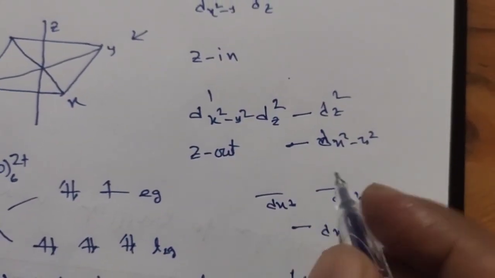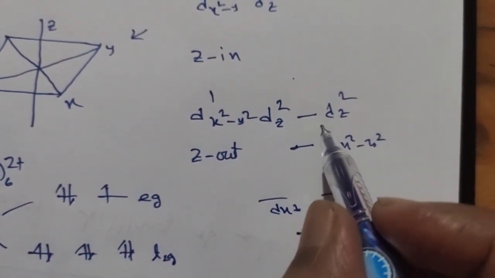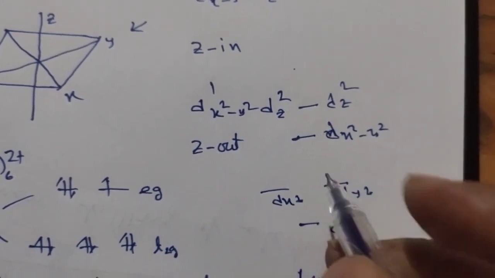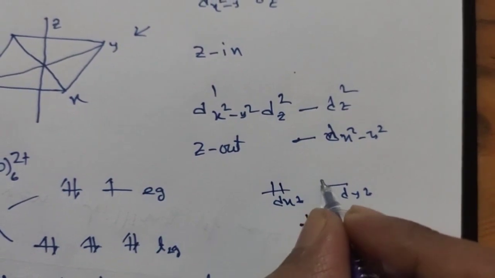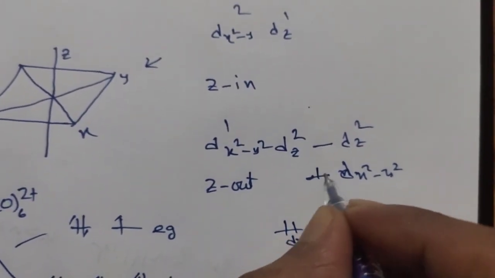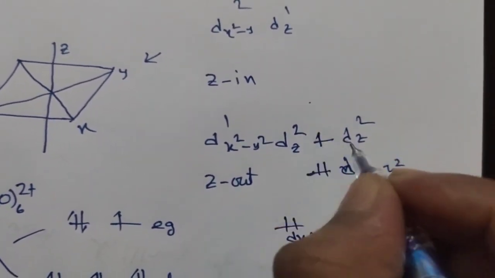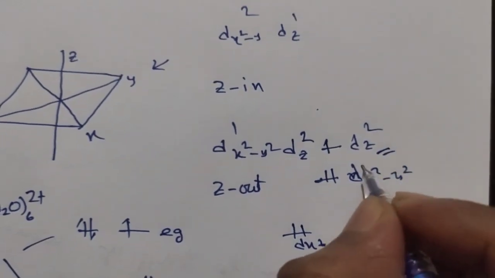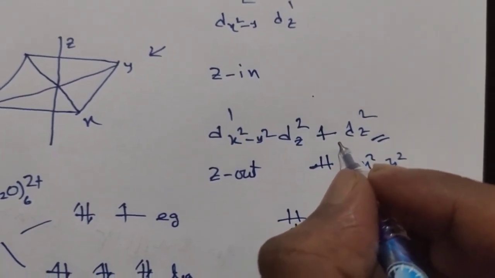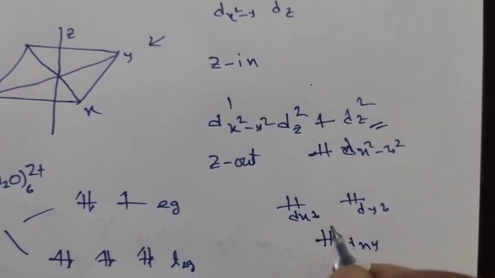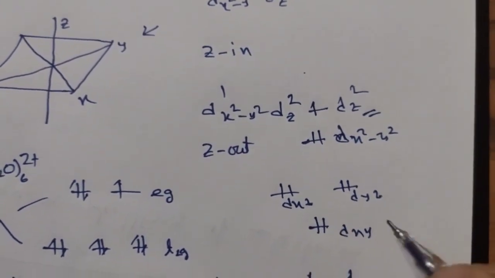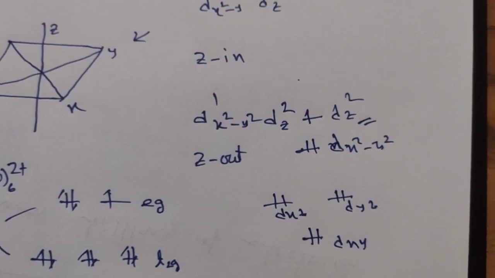This is because in this configuration the highest energy level orbital is not completely filled, so that is why we gain some stabilization energy through this distortion.